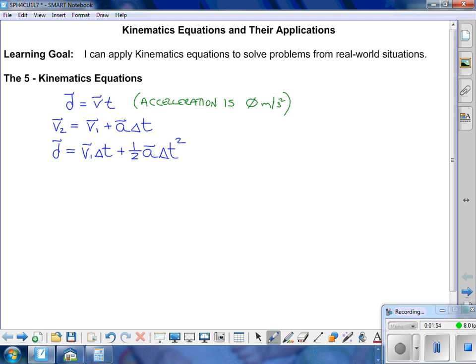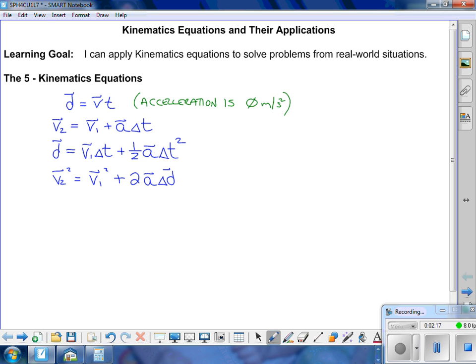Remember, these are just equations that you're going to be plugging values into and solving for an unknown. Okay. The next one is your velocity squared equals your initial velocity squared plus 2 times acceleration times your displacement.